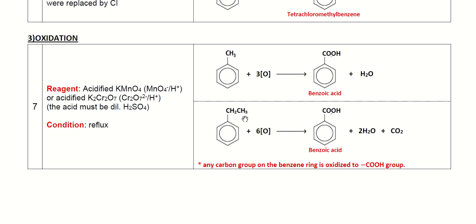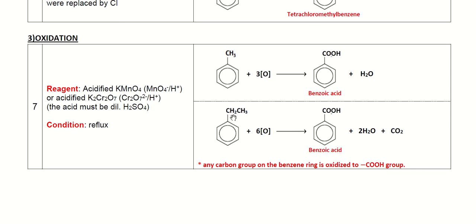No. The remaining carbon here will become carbon dioxide. So you only will form benzoic acid. No matter how long is your alkyl chain here, it will only give you COOH. The rest will give you carbon dioxide. That's why here the remaining is one carbon there. That's why you only produce one CO2.